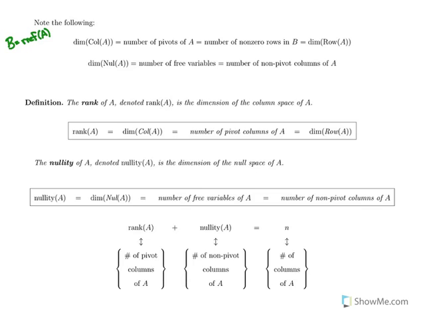So we can see this rank of A is the number of pivot columns of A. The nullity of A is the number of non-pivot columns of A. And if we add all the pivots plus all the non-pivots, we get all the columns of A.